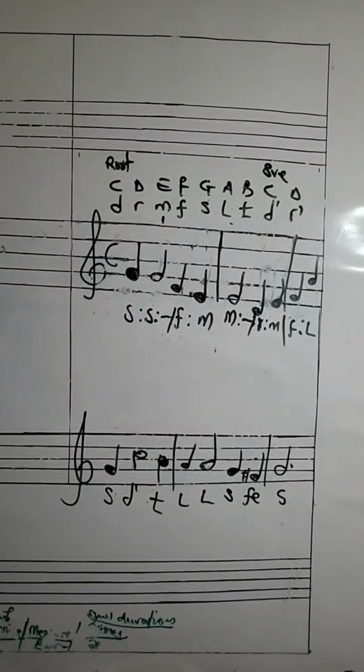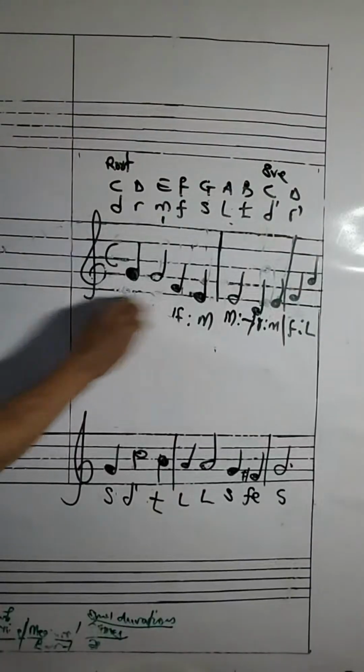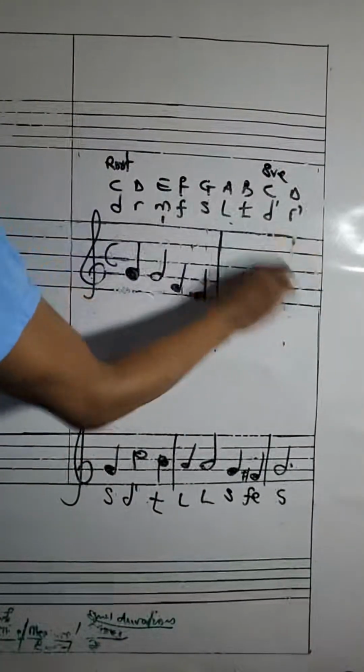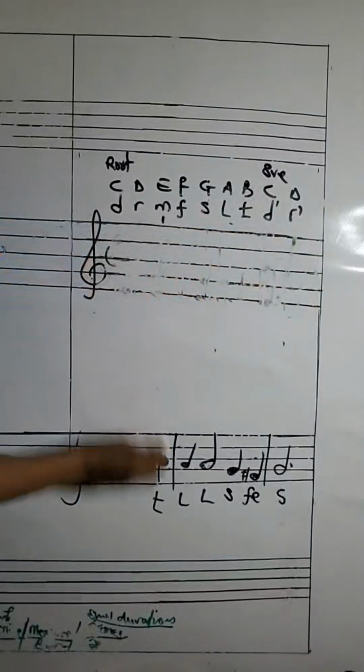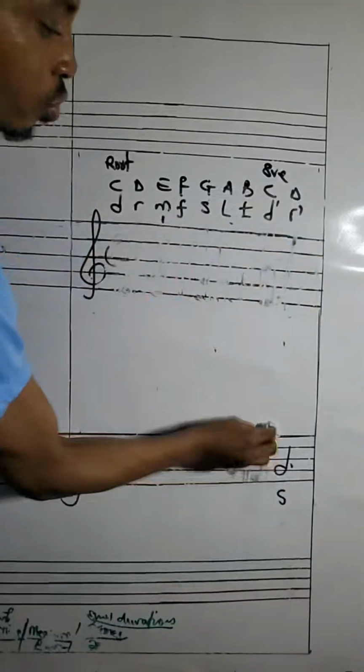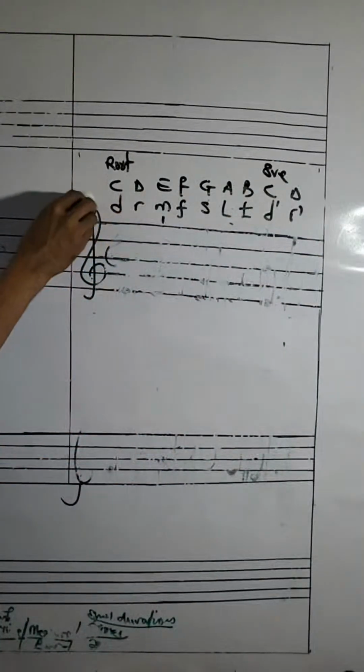Now, let's give us another example in the key of G. Now we've been able to do this in the key of C. Now in the key of G, what do I do?